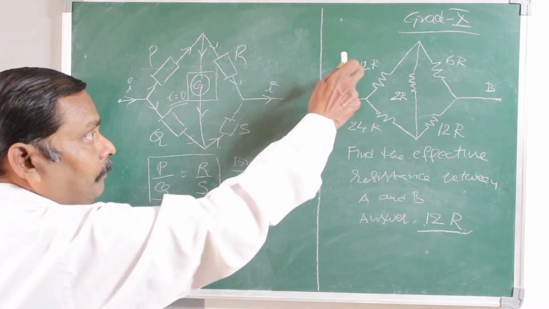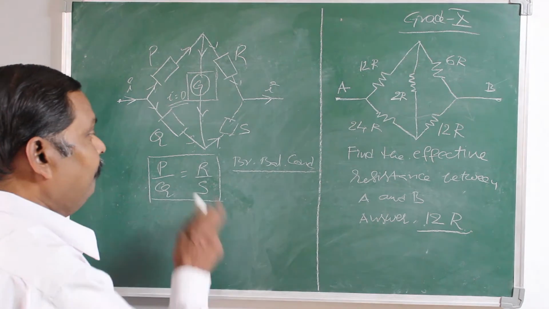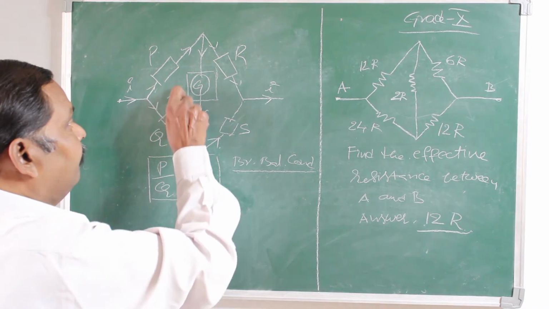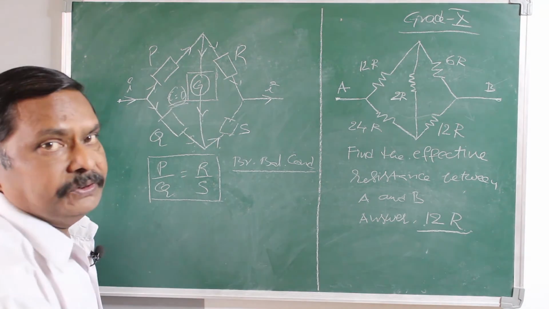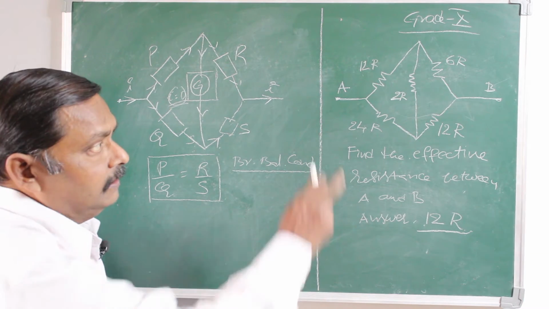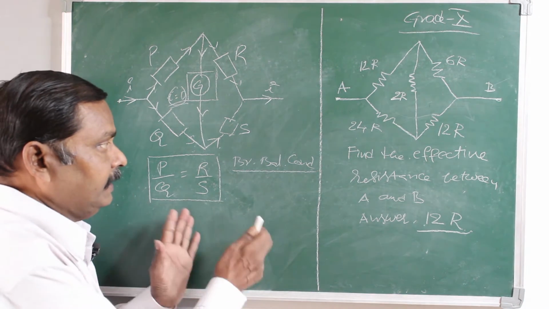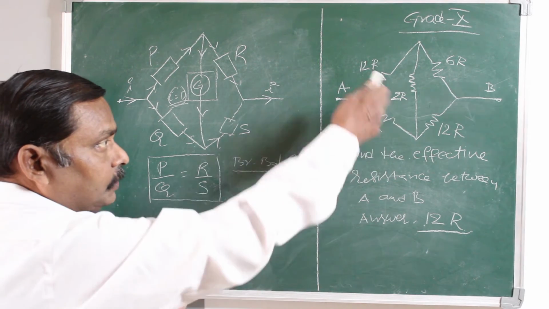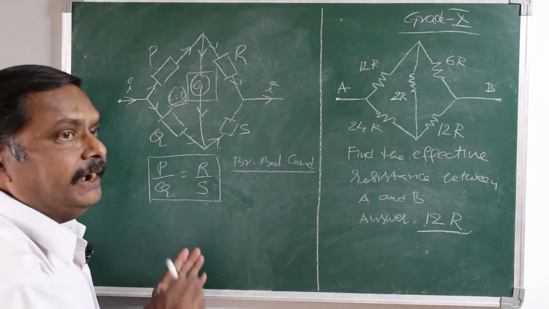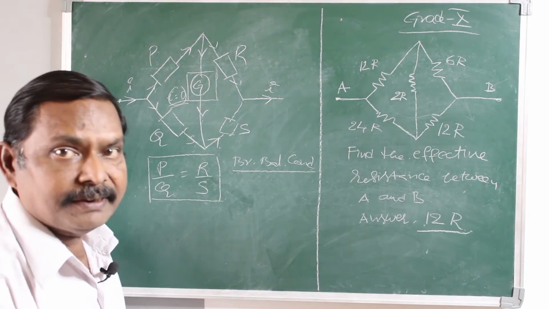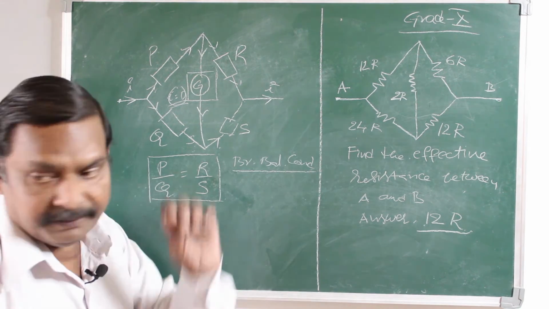When P by Q is equal to R by S, then current will become 0. This is the principle involved in solving this question. After understanding the relation between this loop and the standard Wheatstone's bridge principle, let us take the solution part of that question.